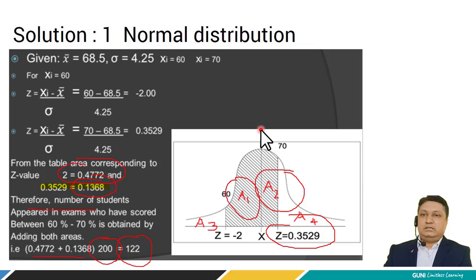So we can directly subtract the value of 0.3529 from 0.5, because the area of A2 plus A4 is equal to 0.5. So to get this much area A4, we have to subtract the area A2 from 0.5.